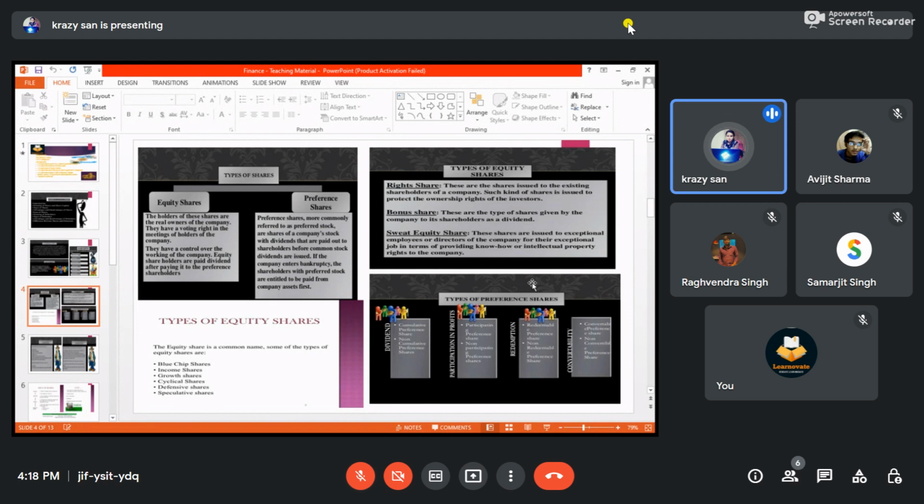So sweat equity share means if in a company a certain group of employees or a team is doing good, instead of giving them a cash bonus, you give them the shares which they can turn into cash anytime when they require.